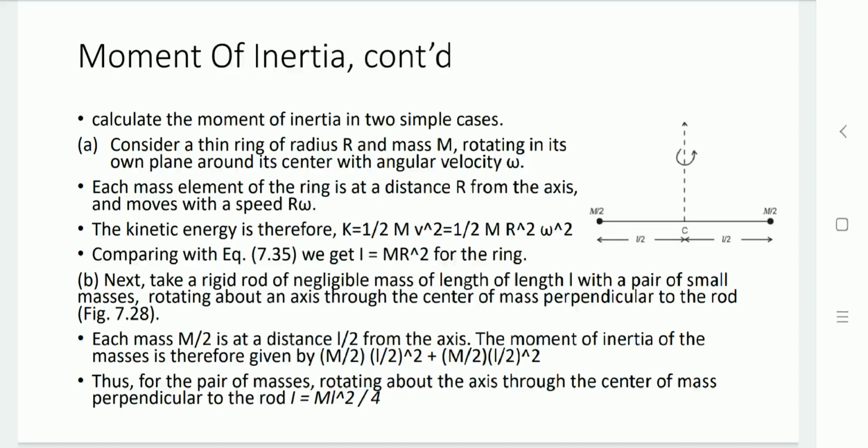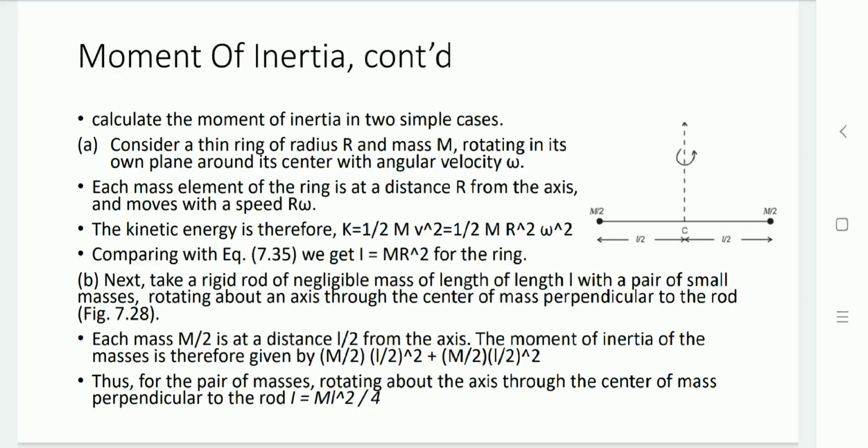Each point mass is m by 2 and is at L by 2 distance from the center C. So the moment of inertia of the masses is m by 2 into L by 2 square plus m by 2 into L by 2 square. So I equals m L square by 4, where L is the total length.